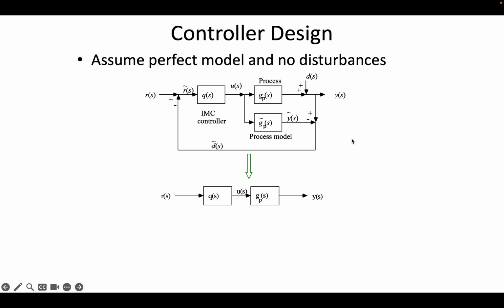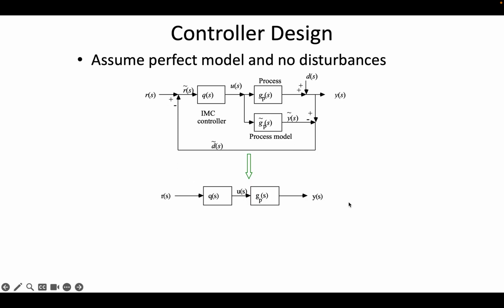So in the limit of that being true, with no disturbance coming in, that means our model predicted output is going to be equal to our measured output. So that means this signal here on the diagram that compares the measured output and model predicted output is actually going to be 0.